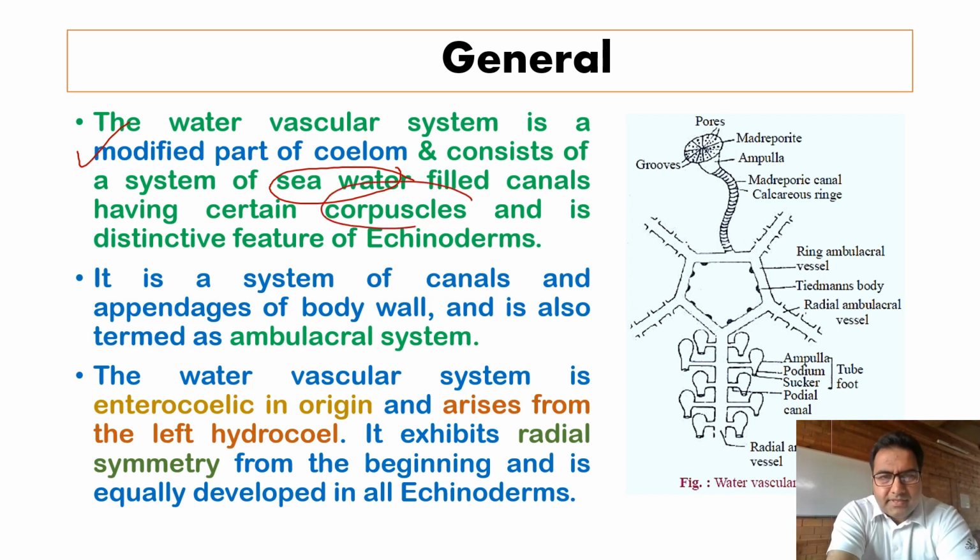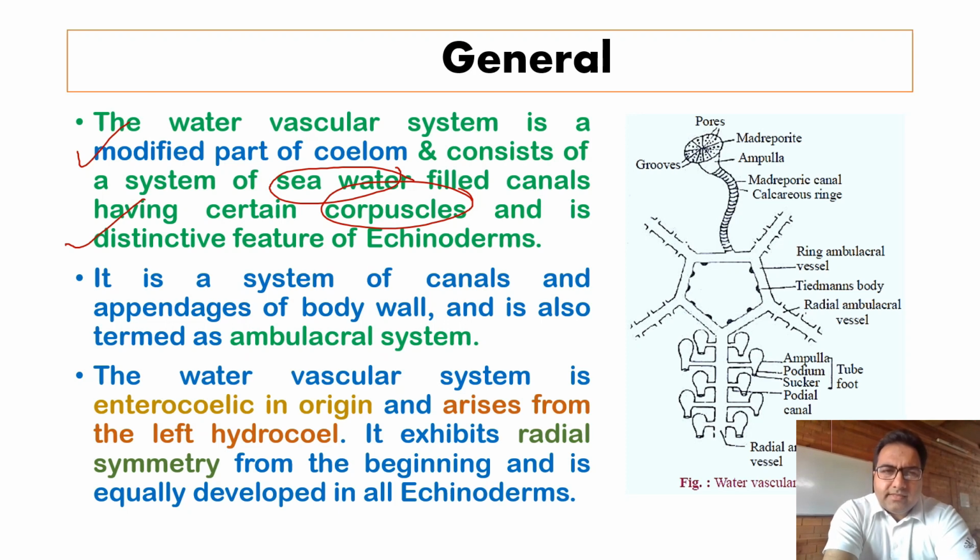It has corpuscles as well, and it is a distinctive feature of the echinoderms. The first thing, that it is a modified part of the coelom. It consists of a system of seawater filled canals, and it has certain corpuscles as well, and it is a distinctive feature of the echinoderms.